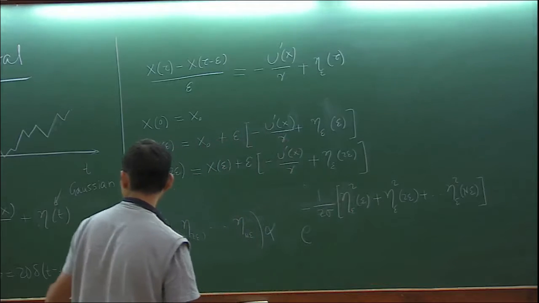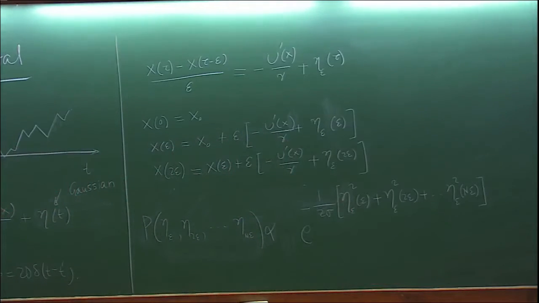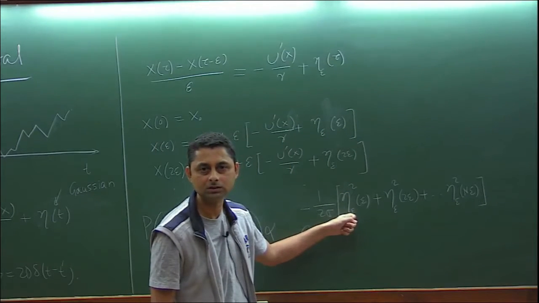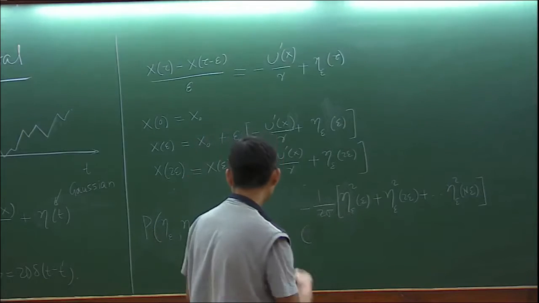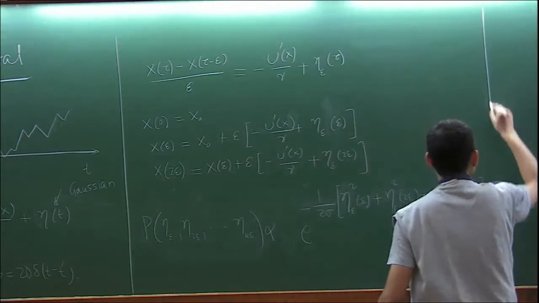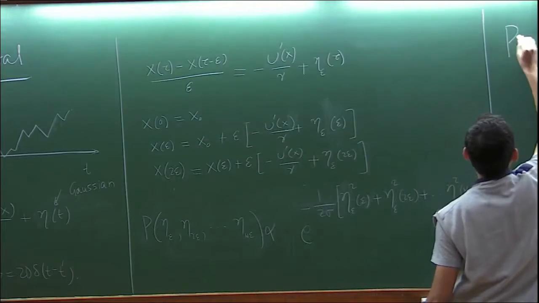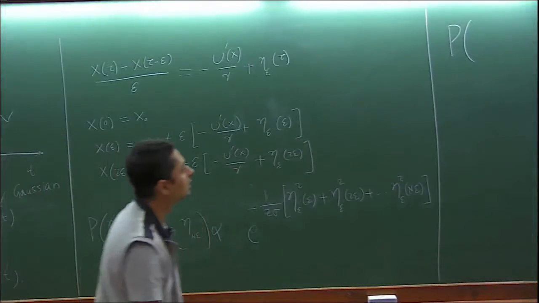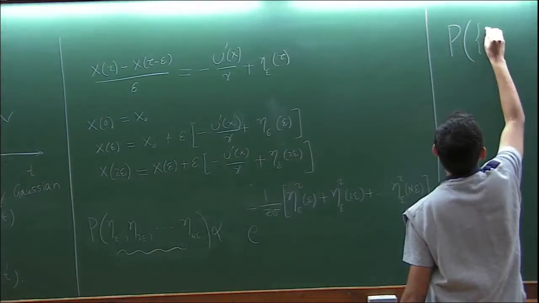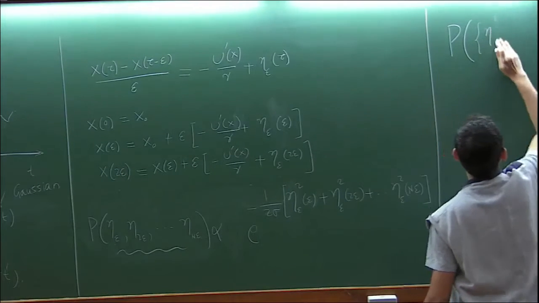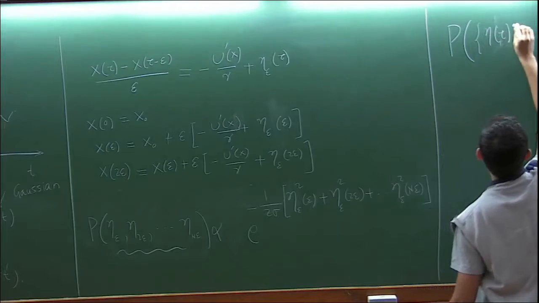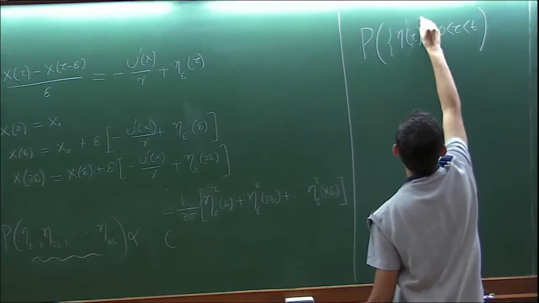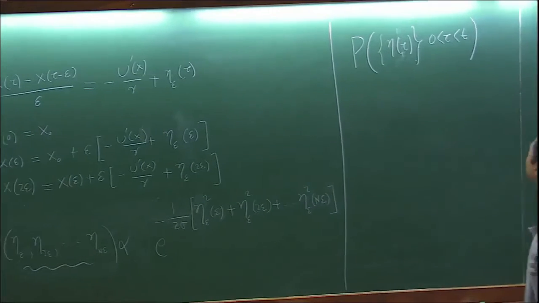So now if I want to write this in the continuum, this sum just becomes an integral, right? So if I write it in the continuum, P of eta, this whole weight I am going to write as eta of tau, where tau goes from 0 to t.